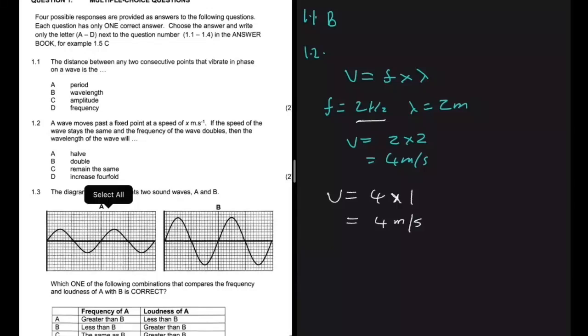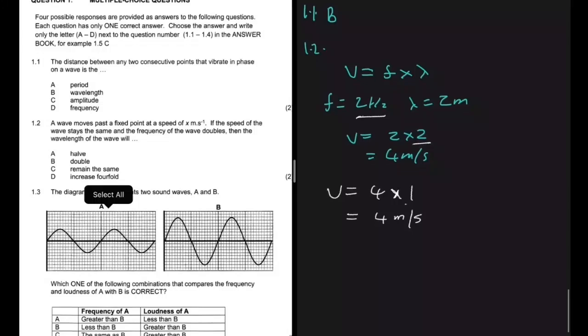So you can see with this illustration that if we double the frequency and you want the velocity to stay the same, you have to halve the wavelength, because here we had a wavelength of 2 meters to get a speed of 4 meters per second. But now that we have doubled the frequency, we only need a wavelength of 1 meter. So that's how it works.